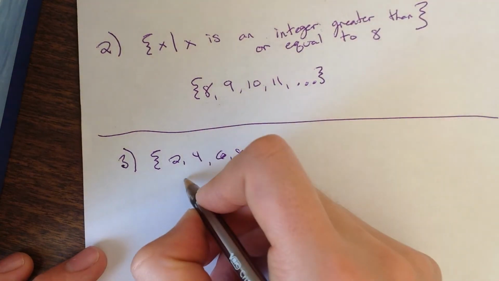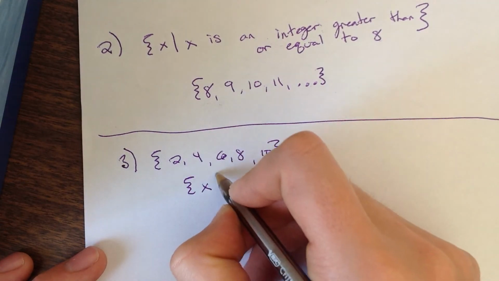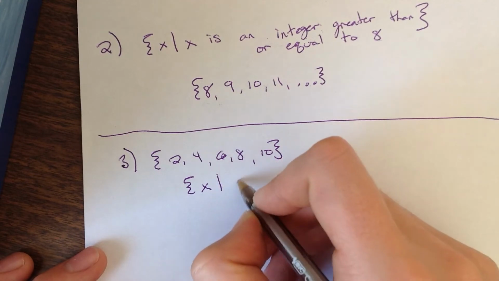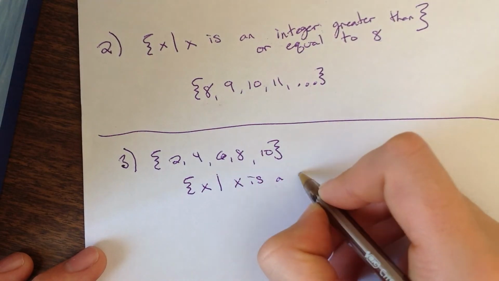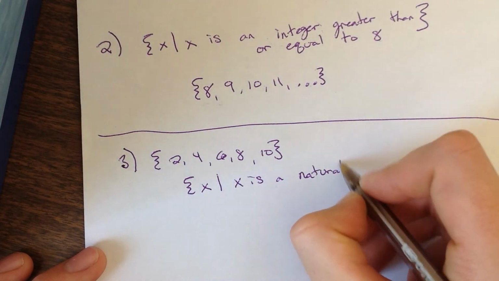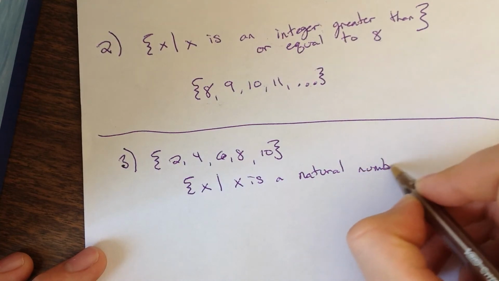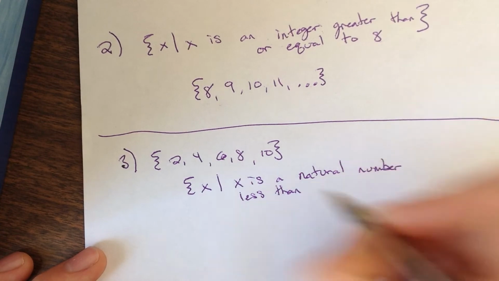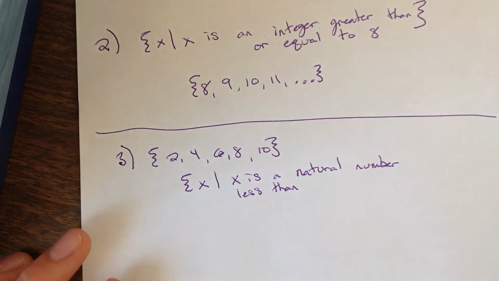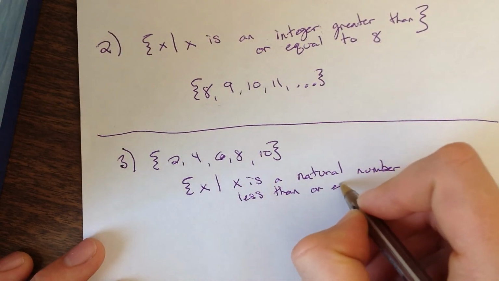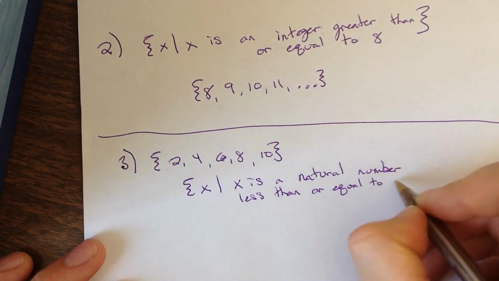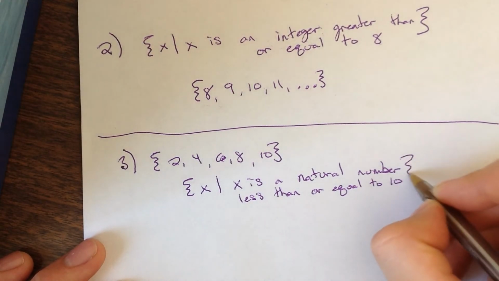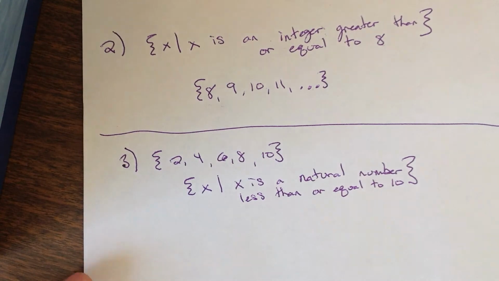We could say something like x, the element x, such that x is a natural number less than, we can either say less than 12, or we can say less than or equal to 10. And we would get the same set.